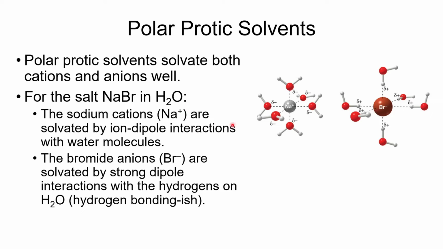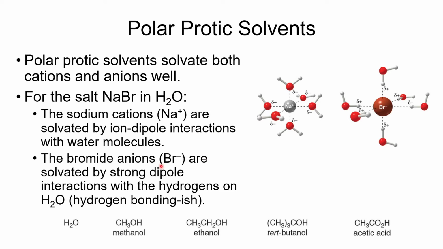We will find that when you have a polar protic solvent, the better this is as a base, the stronger the interaction is with that hydrogen. Again, these are examples of some polar protic solvents. There are others. Pretty much any alcohol can act as a polar protic solvent, but there are other examples as well.